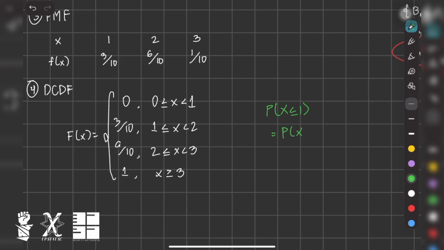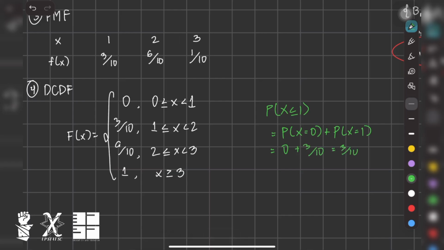We don't have a probability for x equal to 0, so that's practically 0. For x equal to 1, we know that's 3 over 10.